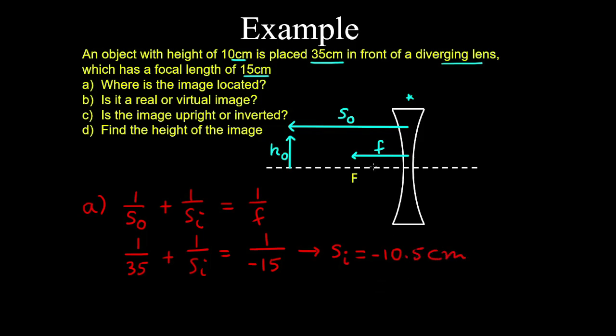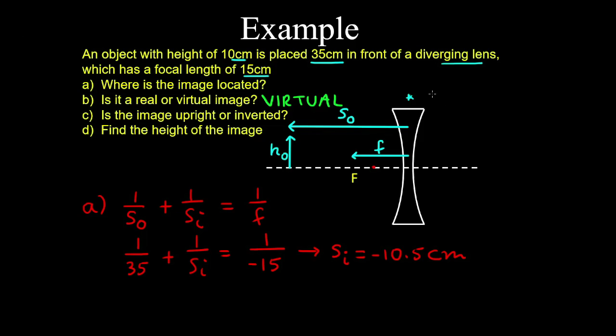So it's going to be located somewhere here, on the incident side of the lens, being negative. Now, is the image real or virtual? Well, because it appears on the incident side of the lens, then it's a virtual image. And now let's determine if the image is upright or inverted.